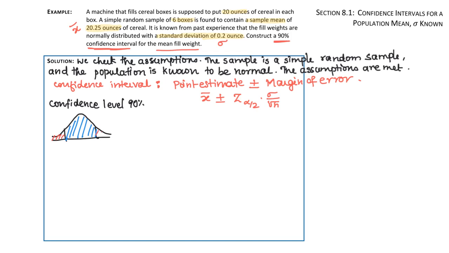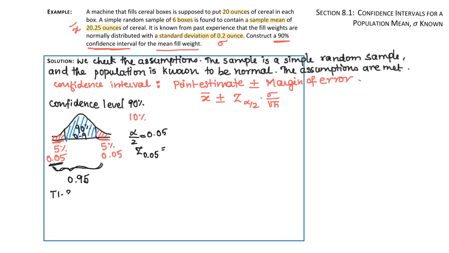The sum of these two areas will be 10%, so this area will be 5%. 5% in decimal is 0.05, so alpha over 2 is 0.05. So we need to find z 0.05. This area is 0.05 and this is 90%, so 0.9. So this entire area is 0.95.